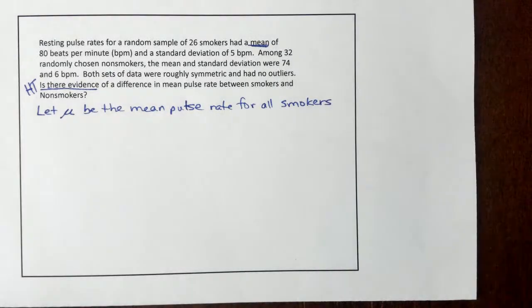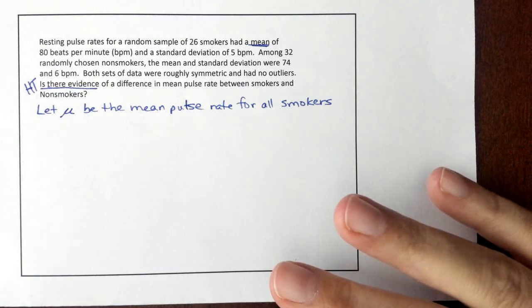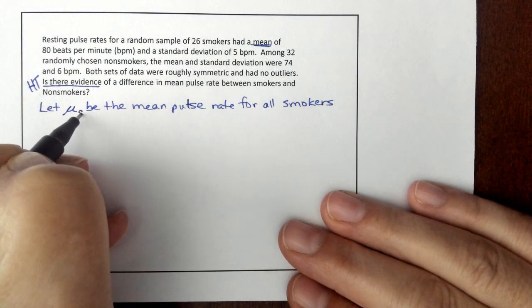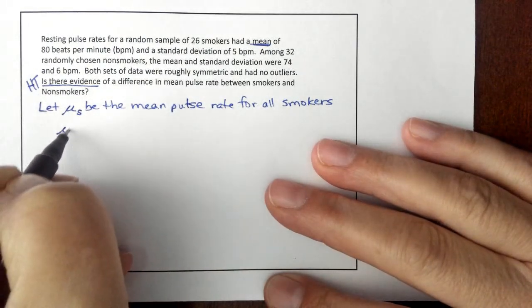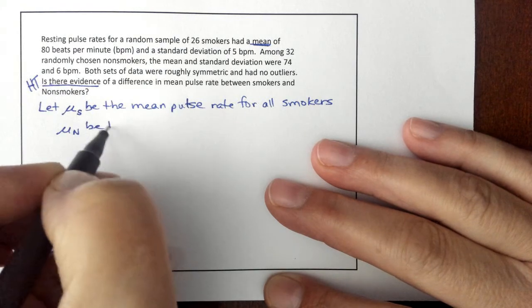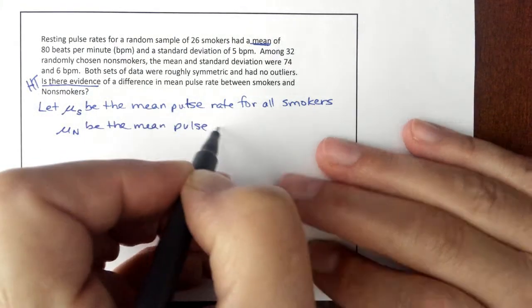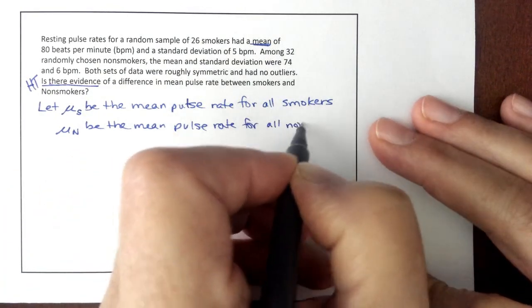Now I've got to do smokers and non-smokers, which means I probably need subscripts. 1s and 2s work, but S for smoker and N for non-smoker, probably more practical choice. So I'm going to do a subscript of S for smokers, and then we'll let mu of N be the mean pulse rate for all non-smokers.